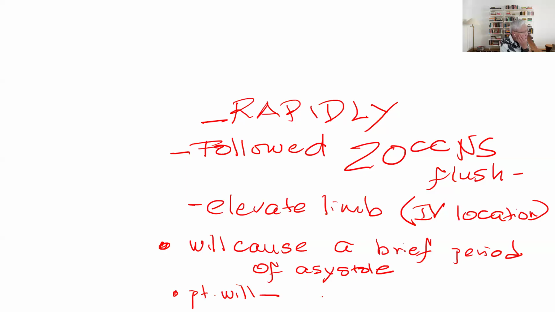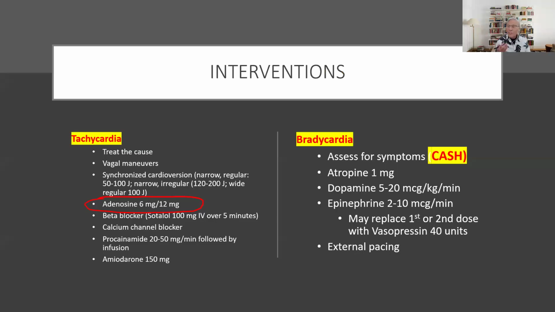And sometimes they will also feel a flushing sensation while you're giving the adenosine. Okay? So I don't know if you've ever seen or you yourself administered adenosine, but adenosine is a very, very effective drug in terminating supraventricular tachycardias, which we will talk about in a little bit.